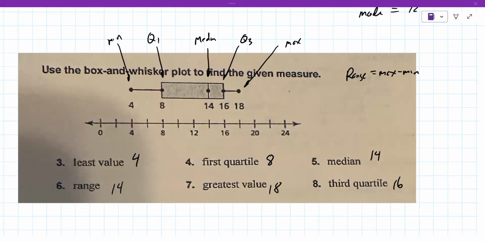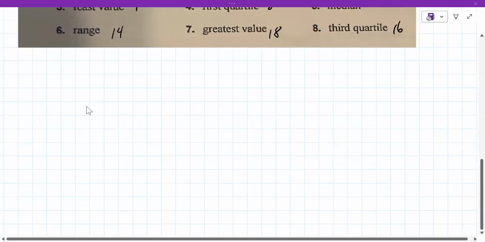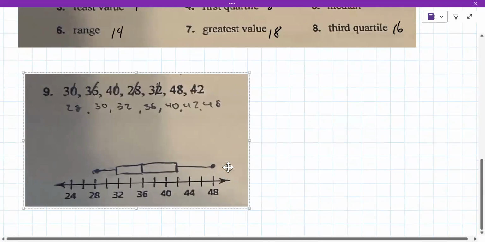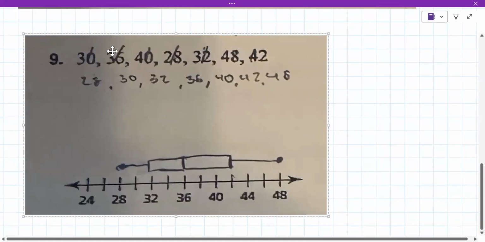Number 9. Looks like you kind of already made the box and whisker for this. So it's your 1, 2, 3, 4, 5, 6, 7. You put the numbers in order. 36, 40, 42, 46. Okay, good.